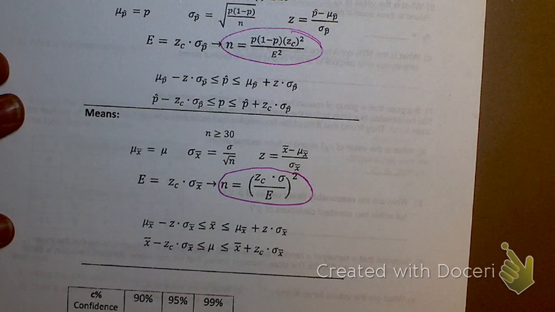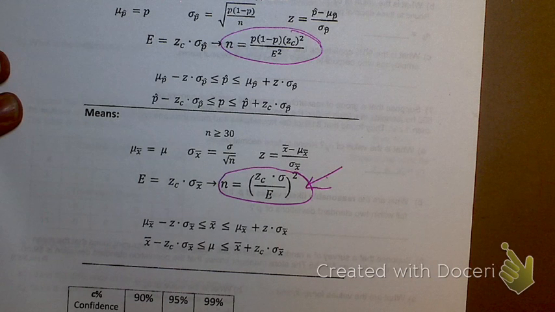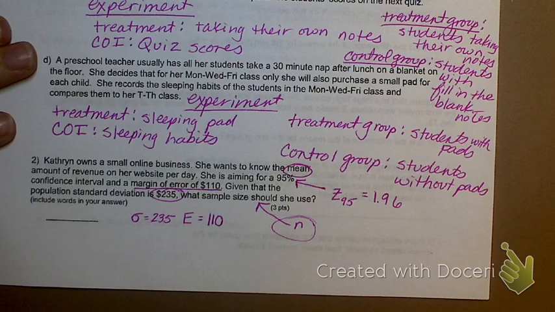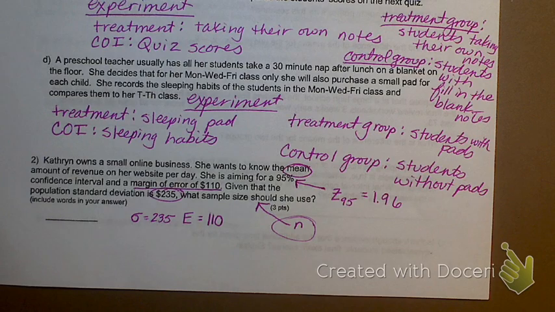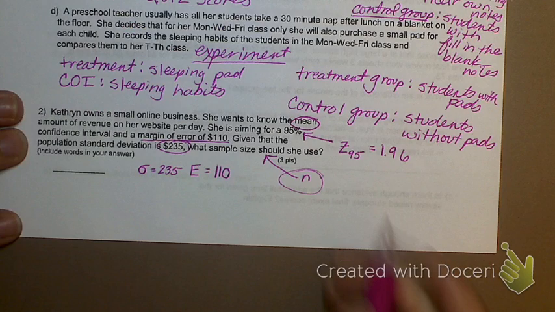Which one do I use? Why? Because it's mean. Because I want to know the mean amount of revenue. There should be a keyword there that tells you which one you're using. So, I'm going to use that formula.